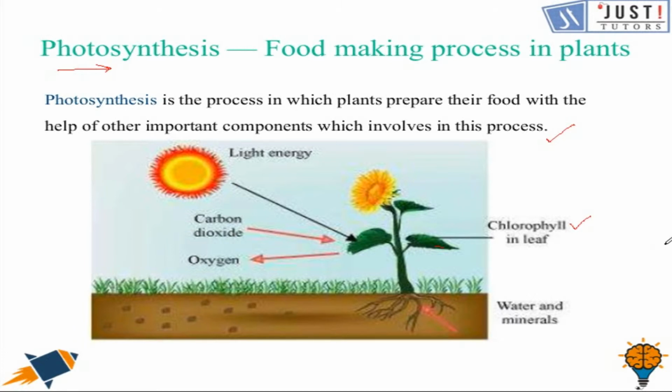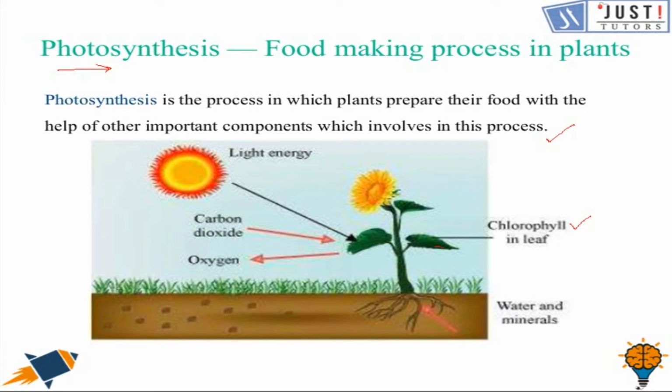Solar energy from sun rays is acquired by the leaves with the help of chlorophyll. Then the next, water, again an important component. Plants absorb water through their roots and take it up the stem. Then the next, carbon dioxide. In photosynthesis, chlorophyll containing cells of leaves in the presence of sunlight use carbon dioxide and water to synthesize carbohydrate.